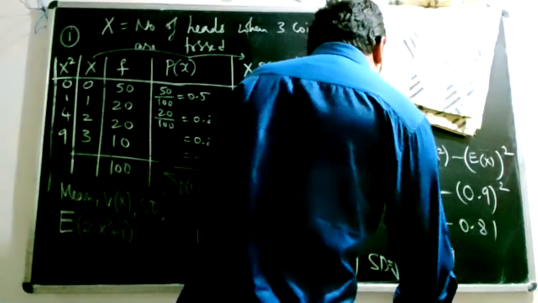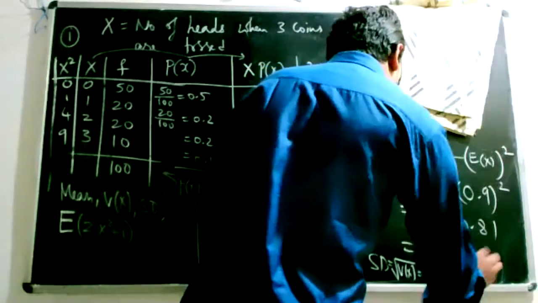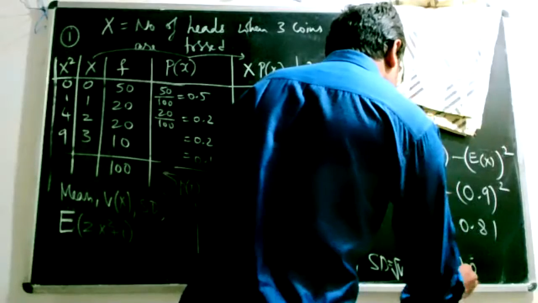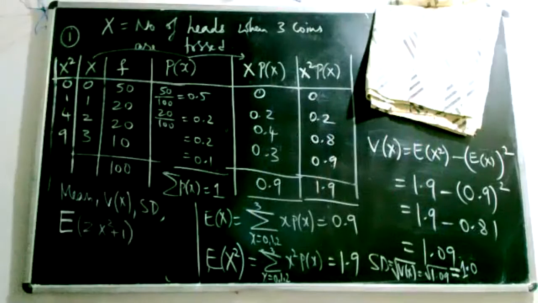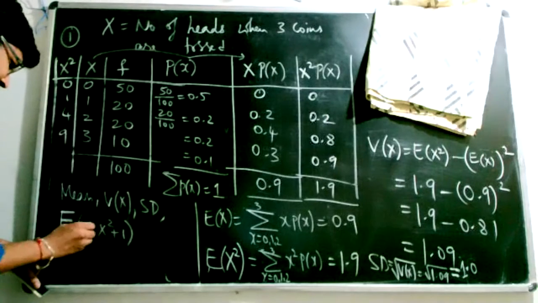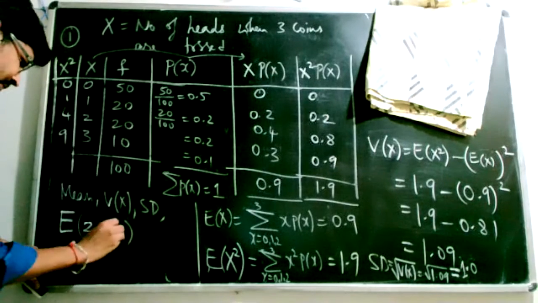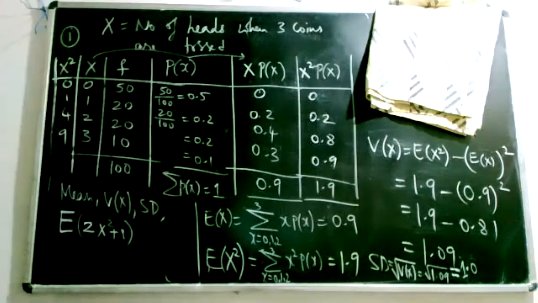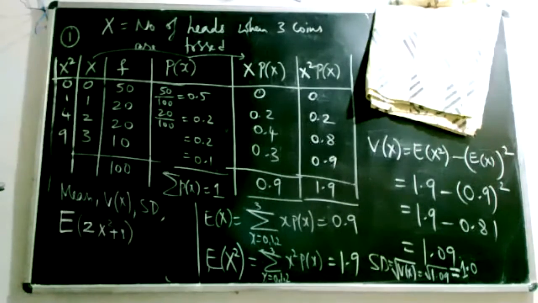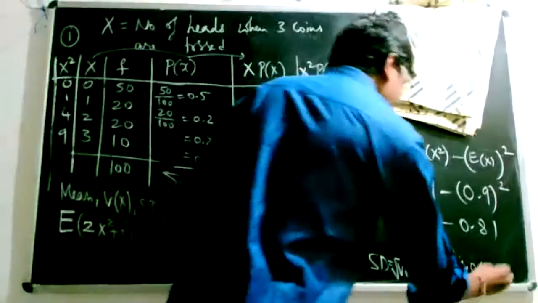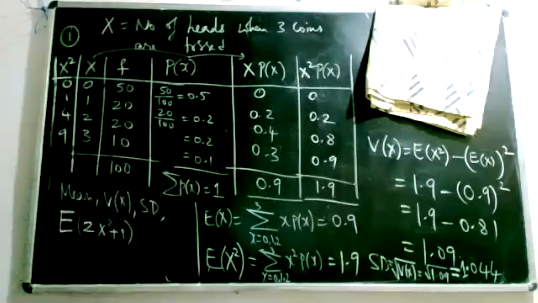So it is square root of 1.09. Let me use the calculator. Root 1.09 is 1.044. That is the standard deviation.